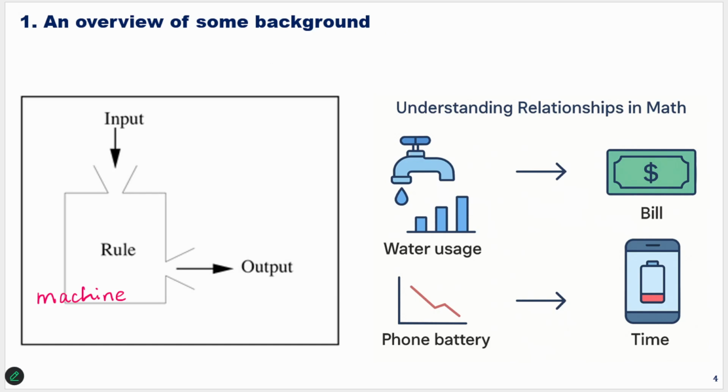One of the motivations is we want to study patterns in our real life. For example, I set up two examples on the right side. The relation between water bills and your water usage. Probably you already know that the more water we use, the higher the cost, right? So this is some relation.